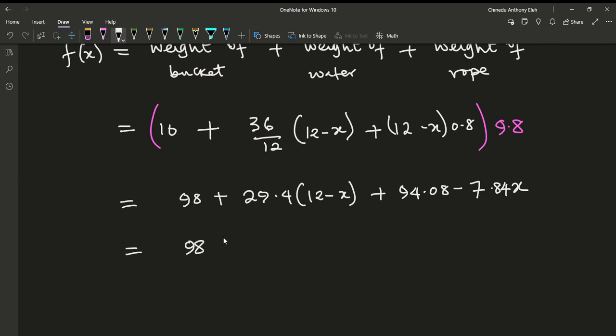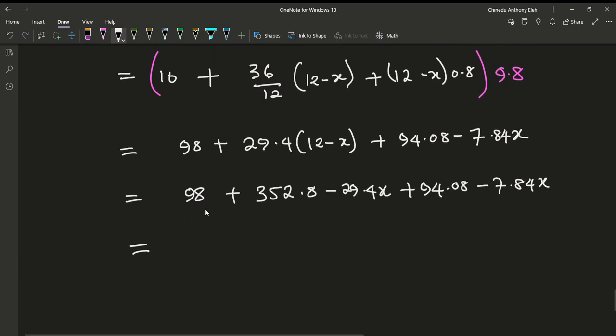So let's work this out nicely. This is 98 plus 29.4 times 12, which is 352.8, then minus 29.4x, plus 94.08 minus 7.84x.